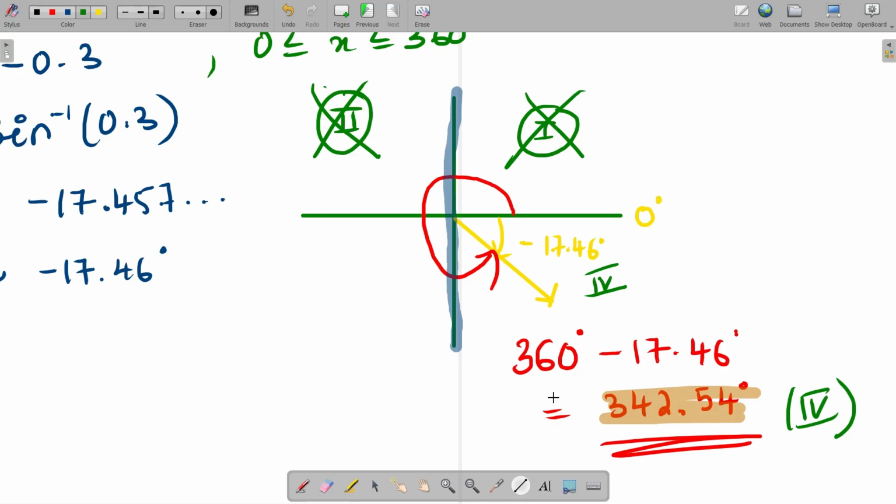So when I reflect it, we're not going to use that negative 17.46, but we will use this particular concept that this distance from 180 is 17.46.